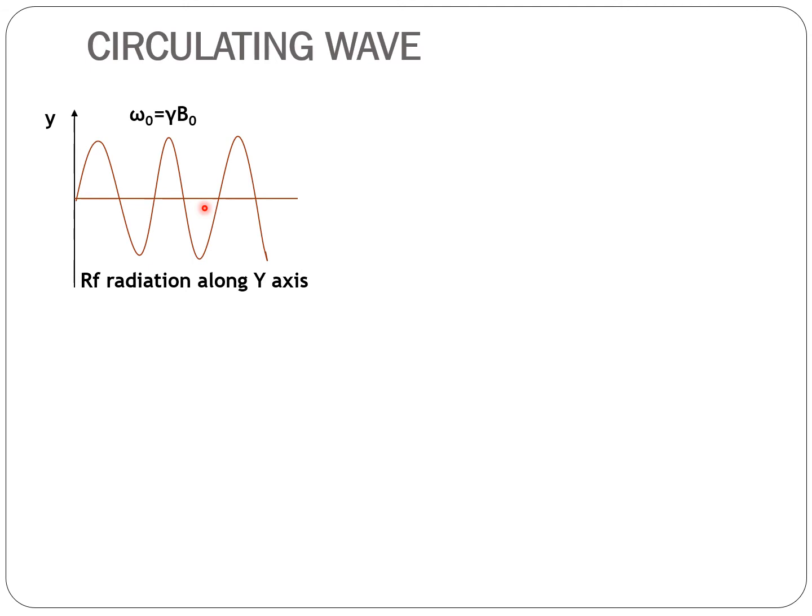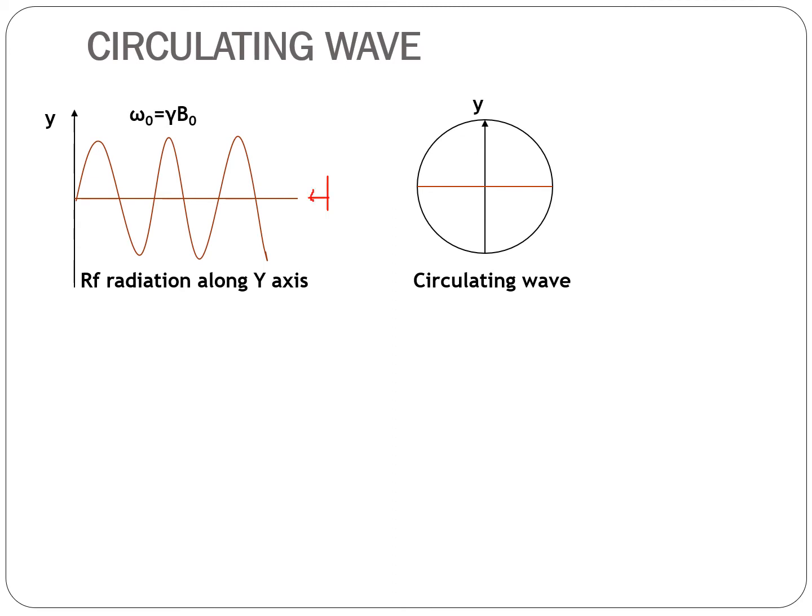So how can we look at this? If a person is present here and observes from here, then these waves will look circular. You can see that this wave is looking like a circle.